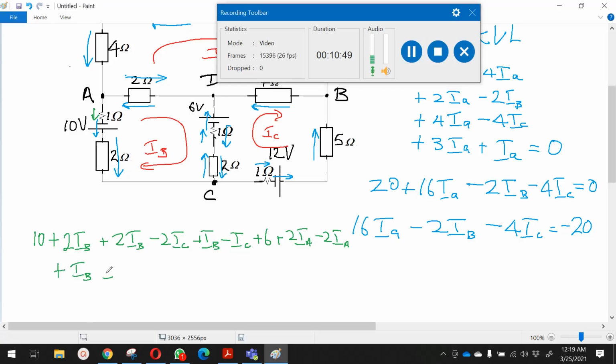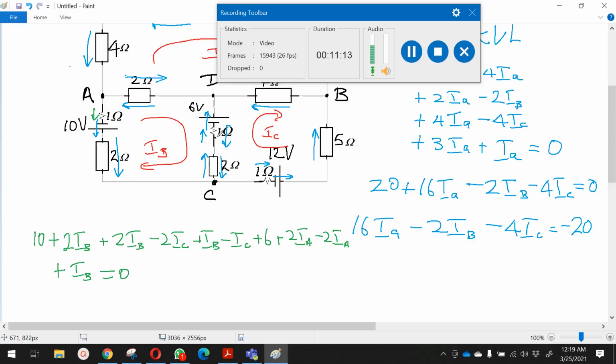Equal to 0. So let's do a check. Starting from the 10 volt supply, 1, 2, 3, 4, 5, 6, 7, 8, 9, 10. So all accounted for. Now, same procedure.